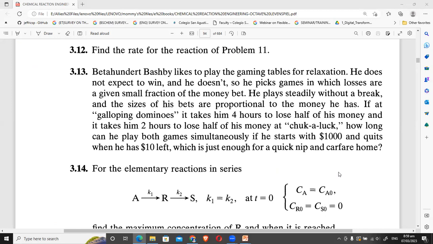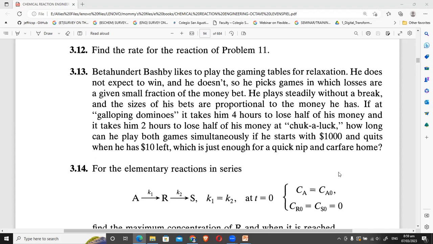In this problem, you are to apply what you've learned in parallel competing reactions on a gaming problem. So Bitan 100 Bashby likes to play the gaming tables for relaxation. He does not expect to win, and he doesn't. Funny, no? So he picks games in which losses are a given small fraction of the money bet.